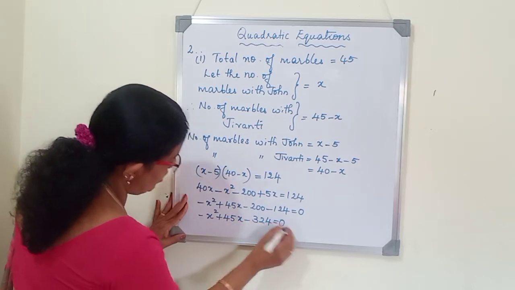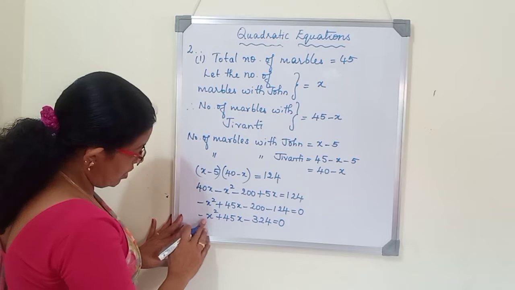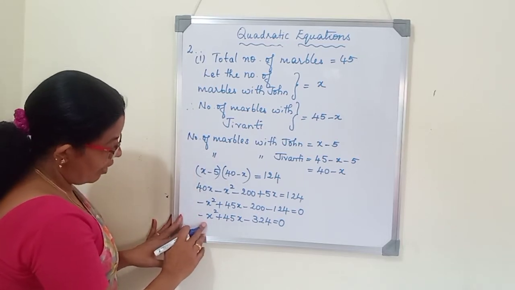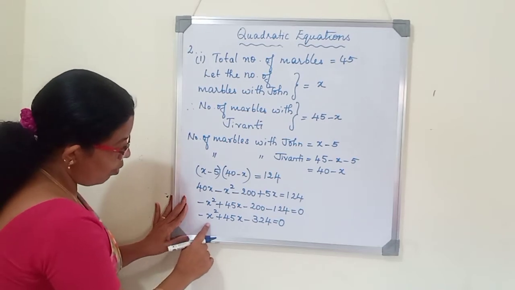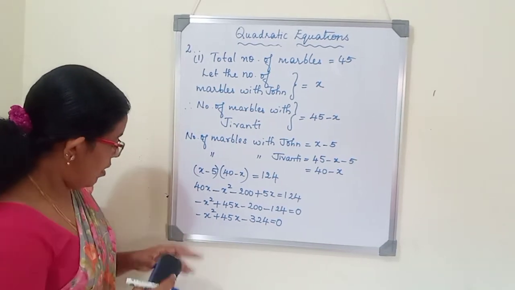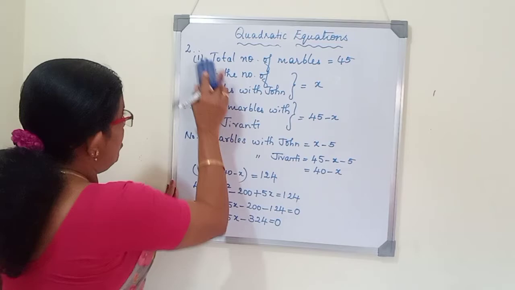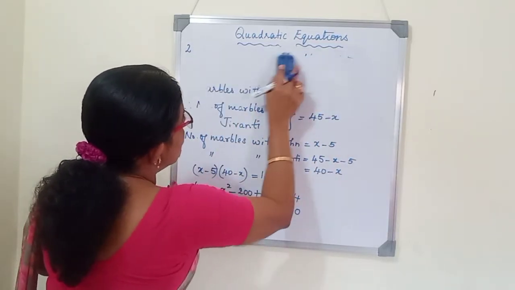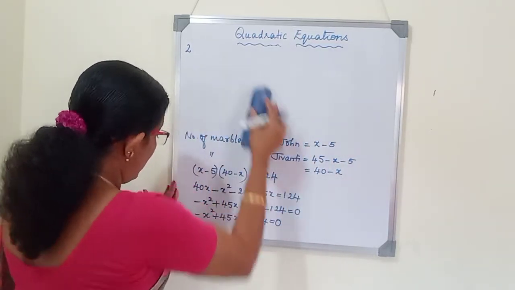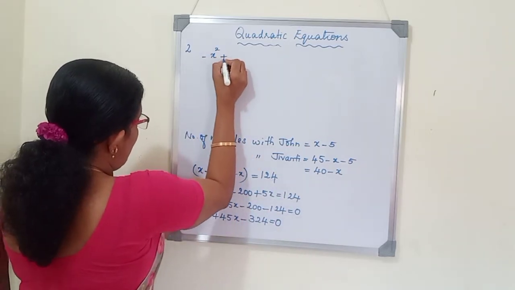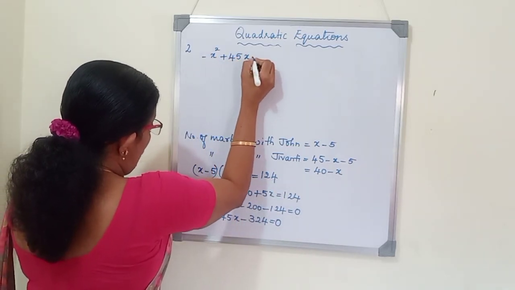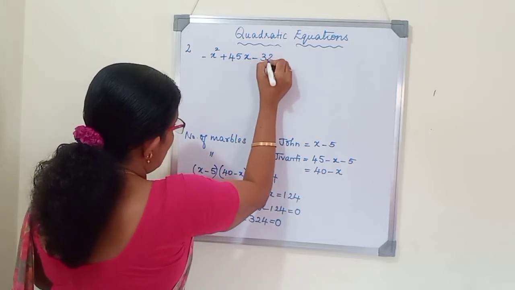is equal to 0. Now the equation starting with minus sign, we have to change the sign. The first term should be always positive. So throughout we will multiply with a minus 1. So here the equation becomes, already we have equation minus x square plus 45x minus 324 is equal to 0.